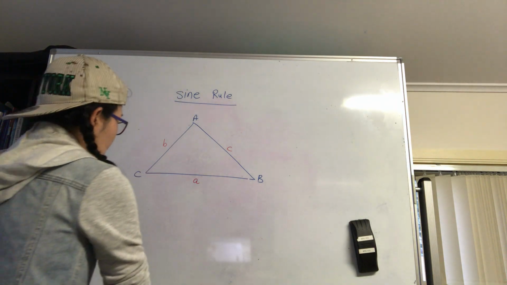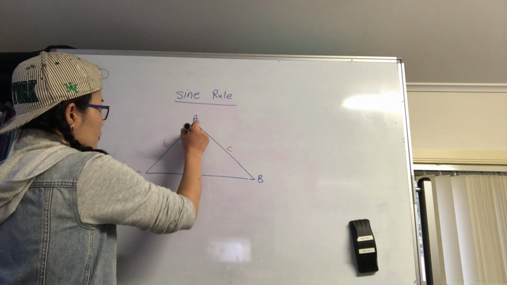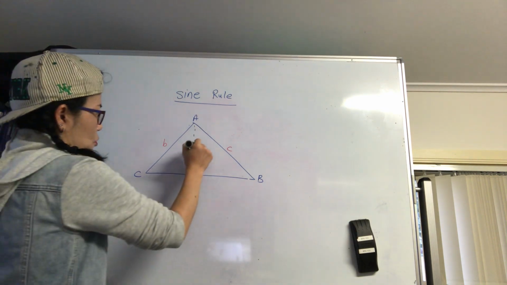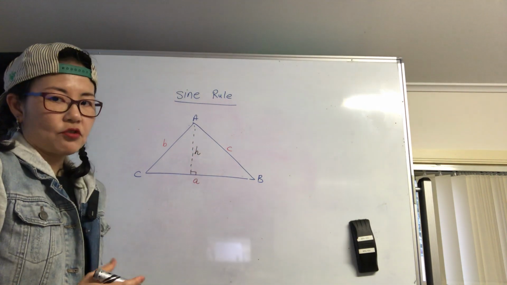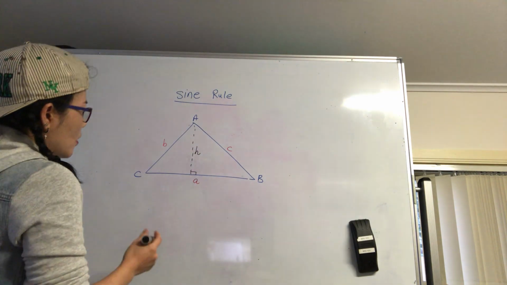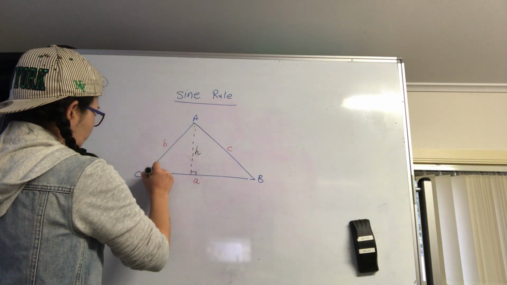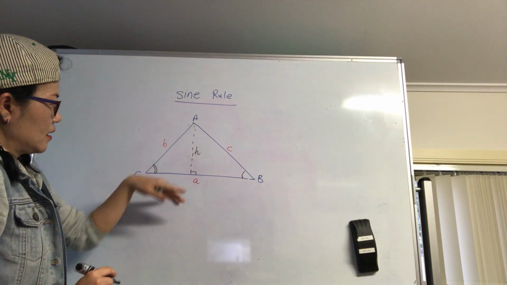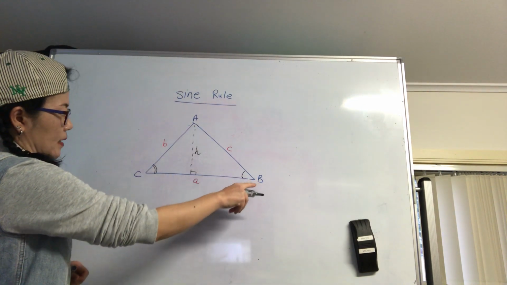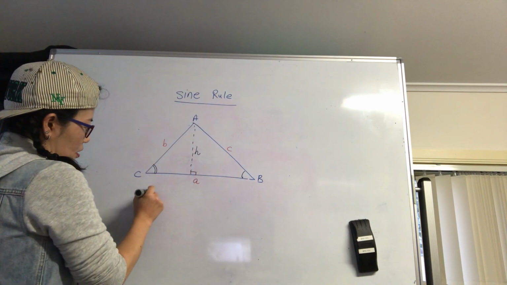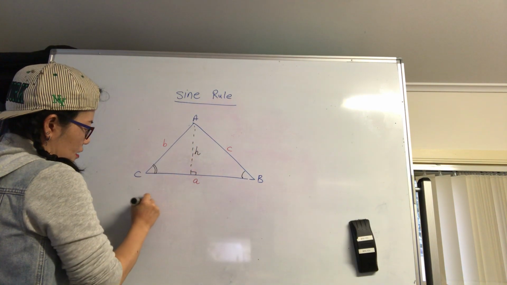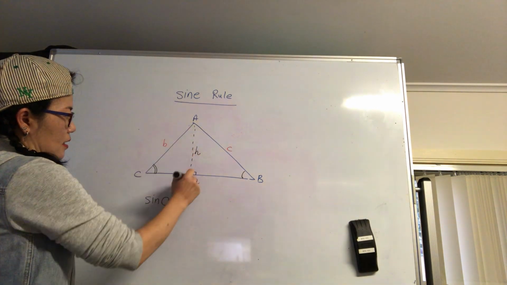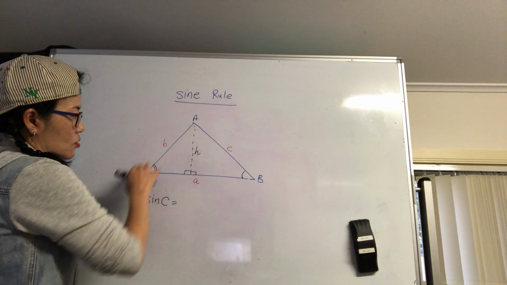First thing first, I'm going to create a perpendicular line, which will be the height of this triangle. Then I'm going to find angle C, using angle B, and it's the sine rule, so I'm going to use this triangle. Sine C equals what? It's a right-angled triangle now, so it's SOHCAHTOA.